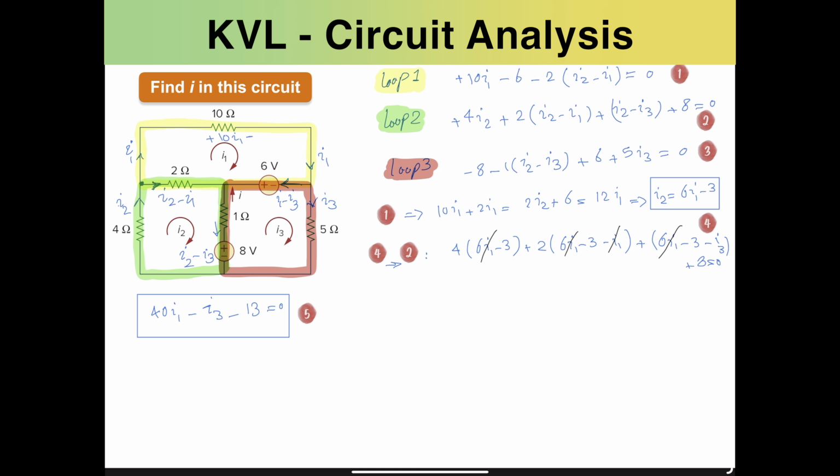Now that we have an equation in terms of I1 and I3, we need to do the same for equation number 3. We need to repeat the same procedure by resolving the fact that I2 can be represented in terms of I1, and just replacing I2 with this value of 6I1 minus 3 here, then we would end up with another equation that has I3 and I1 only.